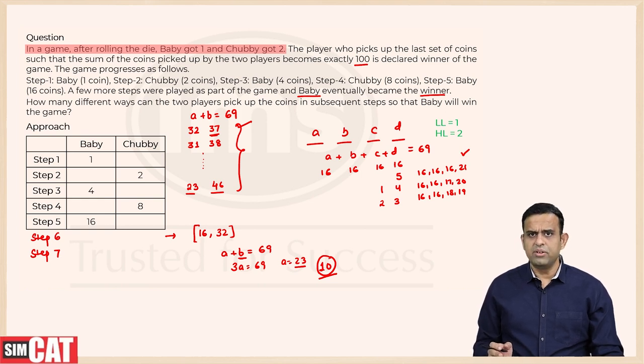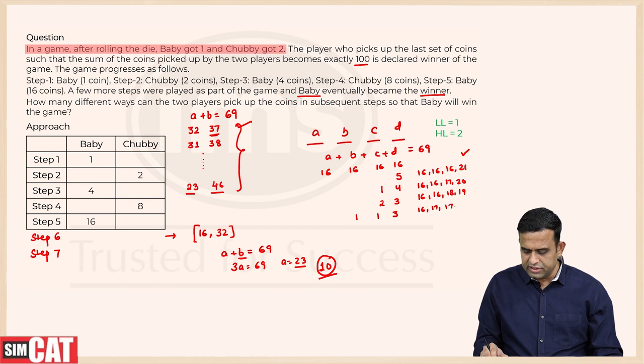Now the number 5, I will think of distributing between 3 people, let's say B, C and D. I can do it like 1, 1 and 3, possibly 16, 17, 17 and 19, which is also perfectly fine. What else can I do in this particular case? Maybe a 1, 2 and 2.